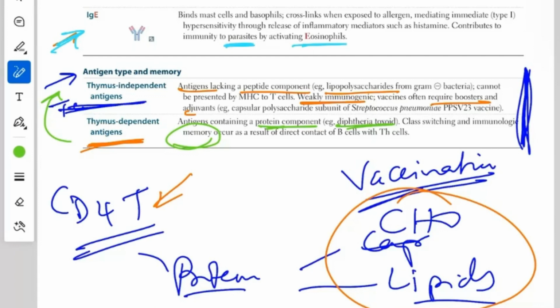So for the T cell independent vaccine that I was mentioning, the best way to boost its immunogenicity is to add adjuvants to it. So that's why you talk of a type of pneumococcal vaccine, right? This is a polysaccharide capsule, just the PPSV23 of the Strep pneumoniae vaccine, which contains only the capsular polysaccharide subunit, right?